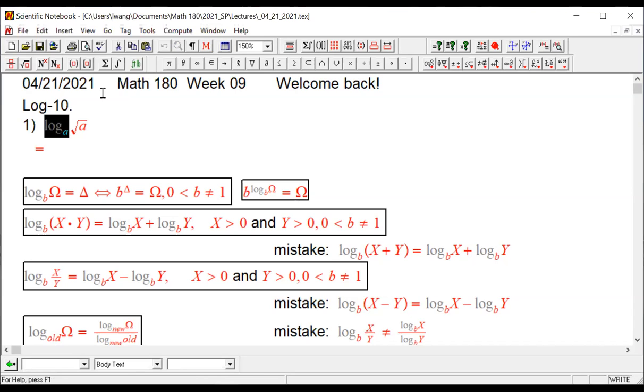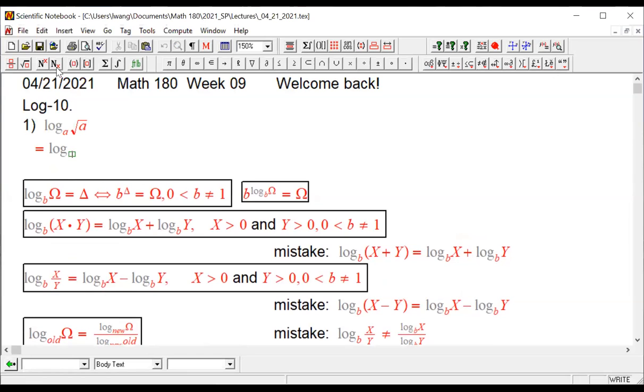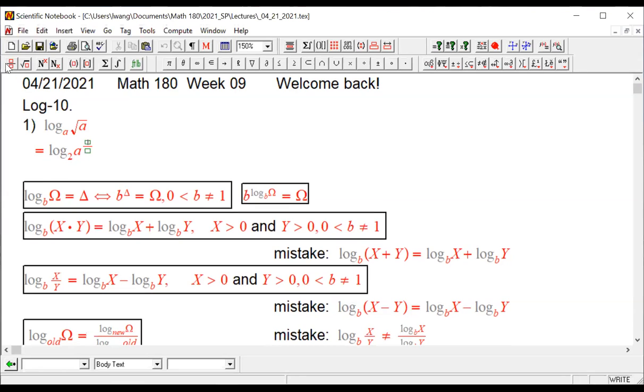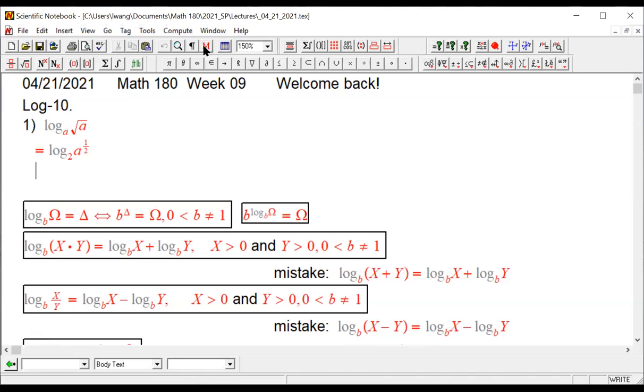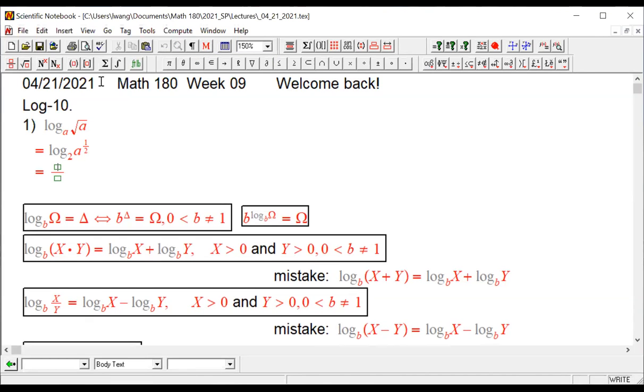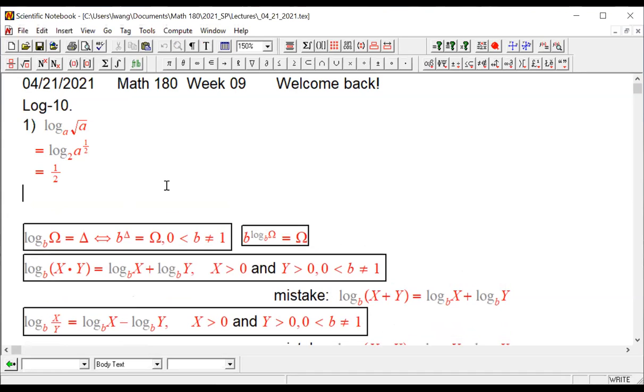What would that be? Log base A raised to the power half. And the answer is, what's the answer? Half, right?